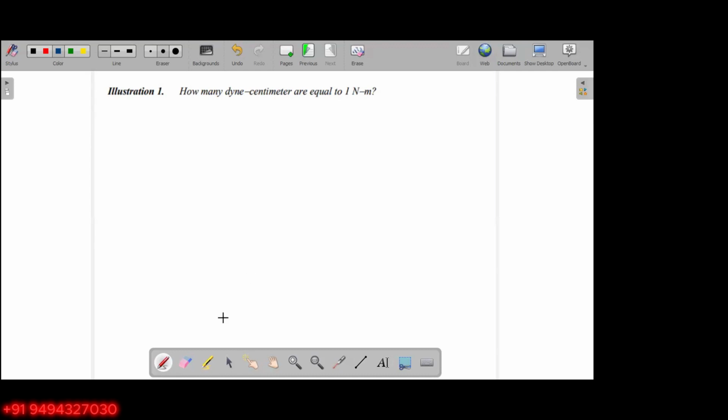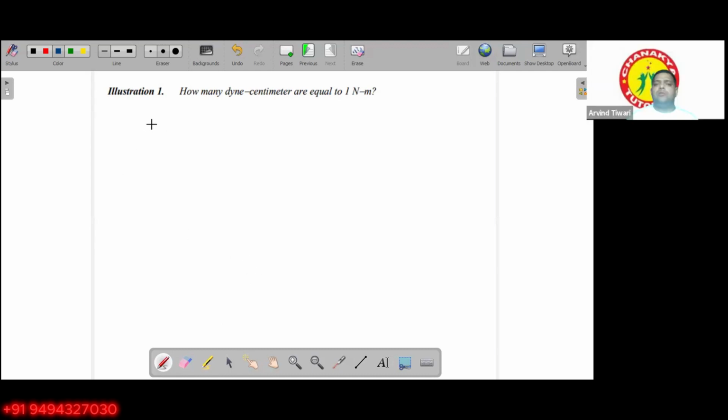No. Okay, see, use this formula N1 U1 equals N2 U2. Let U1 be Newton meter, and let U2 be dyne centimeter.